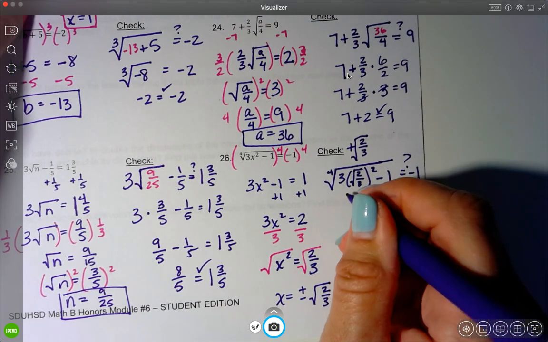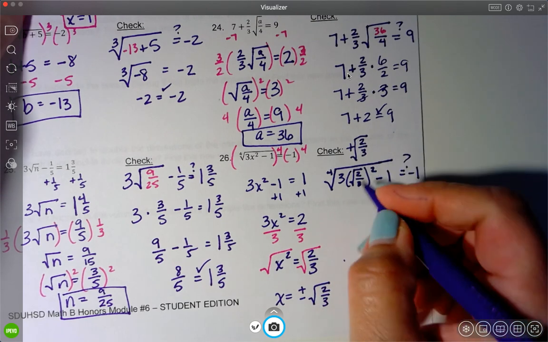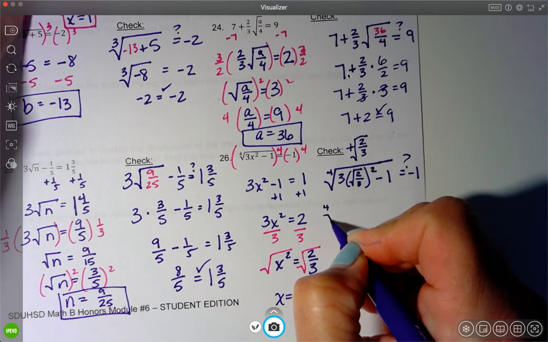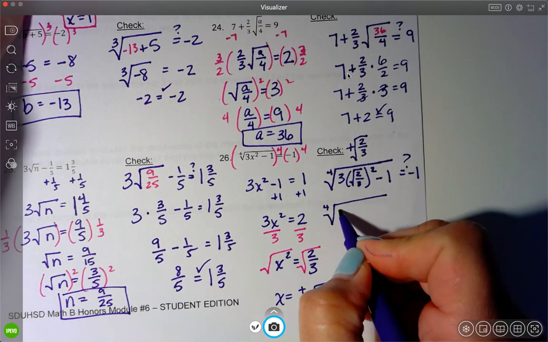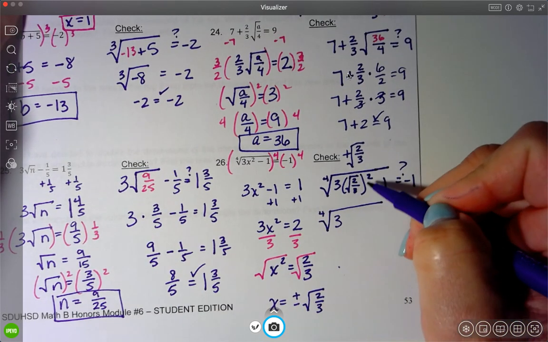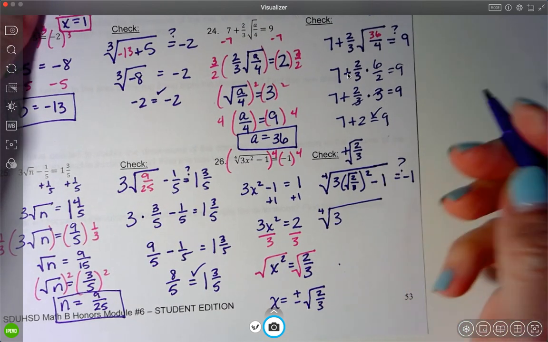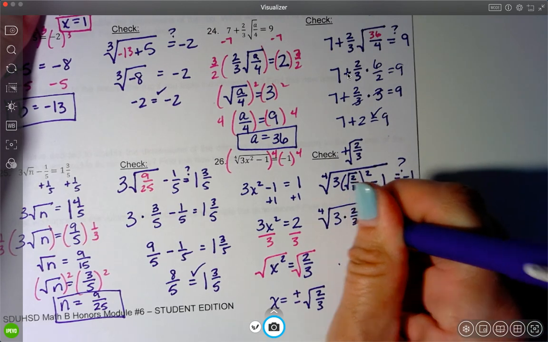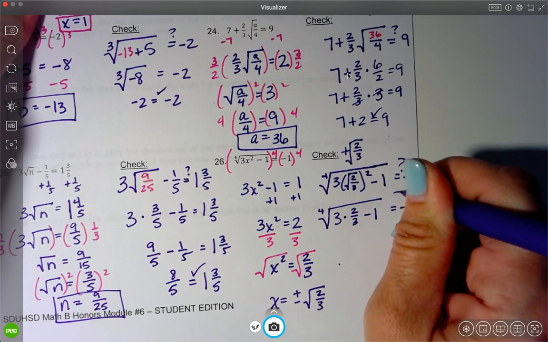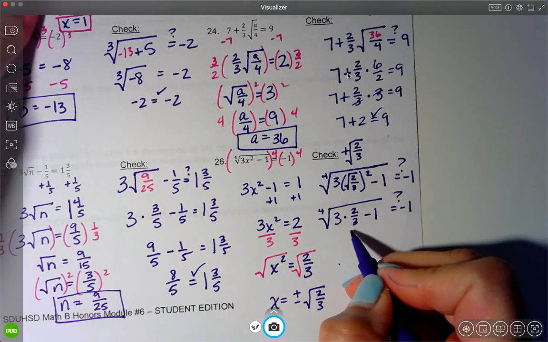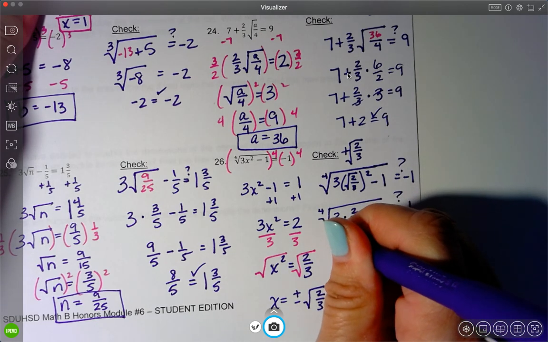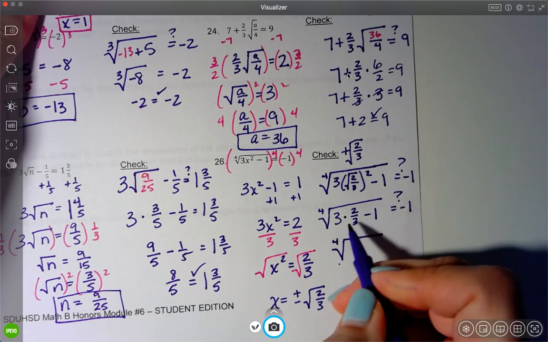Okay, I'm going to work on the inside of this first. So I have 4th root of 3, and then square root of 2/3 squared is just 2/3. And 3 times 2/3 is 2, minus 1 is 1.